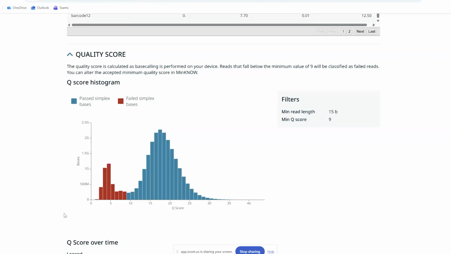It might be worthwhile for you to assess even the failed reads and see what the quality looks like. There might be very good reasons why they're failing. Maybe the quality is very low overall, or there's nothing redeemable about the sample. But there could also be a good reason to go to Q8 or Q7 data.